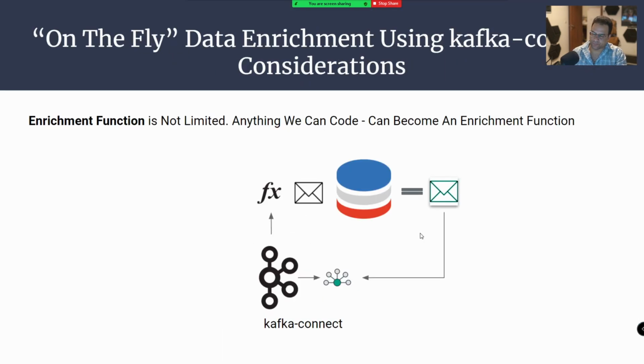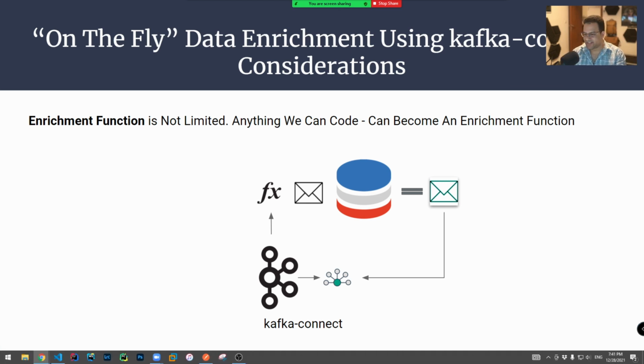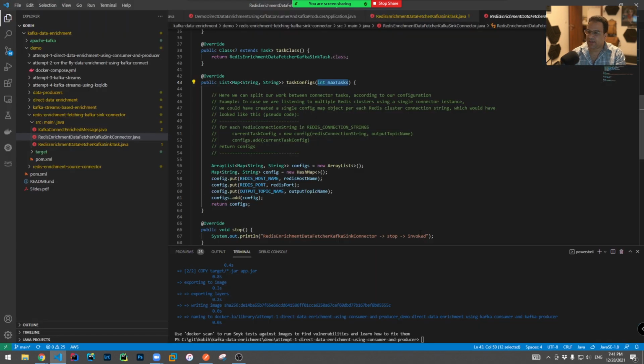So what we've seen here is that on-the-fly data enrichment using Kafka Connect has several considerations. The enrichment function is not limited. Again, anything we can code can become an enrichment function, just as we did in the commando mode. We simply had our code beautified and passed into the sync connector and sync task classes.